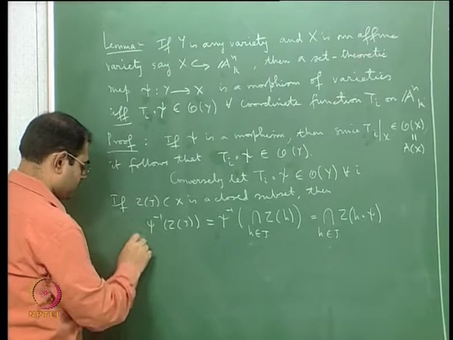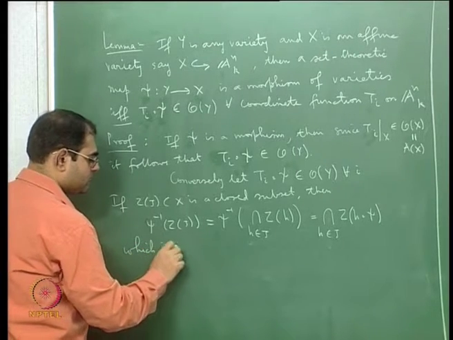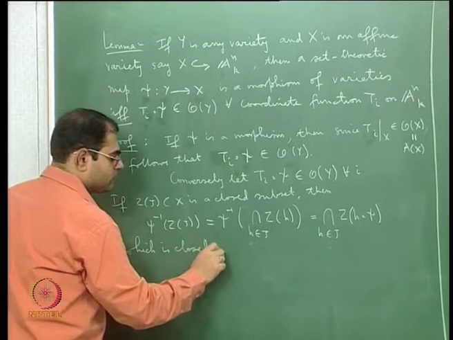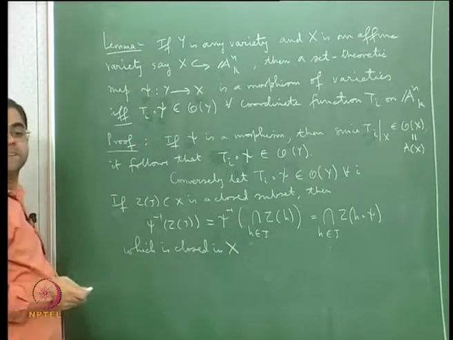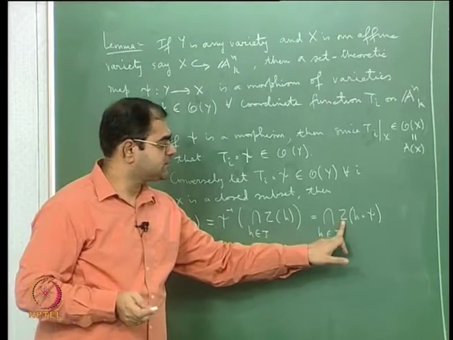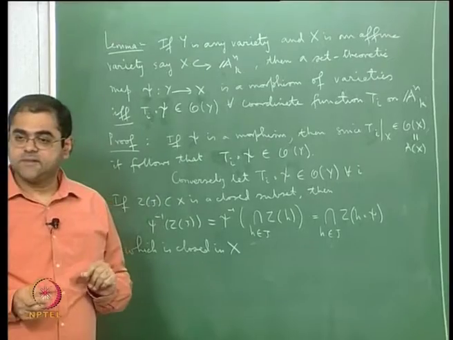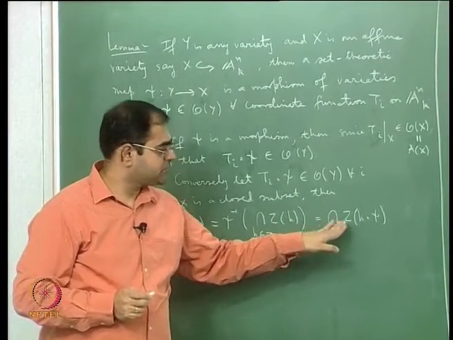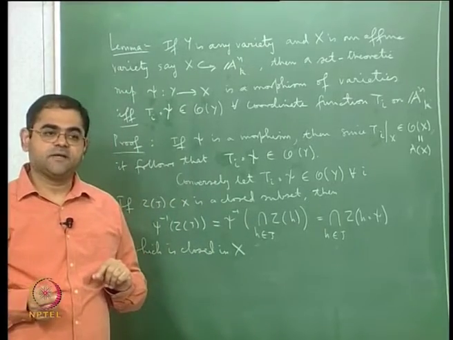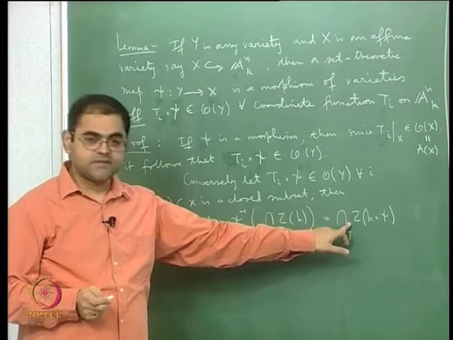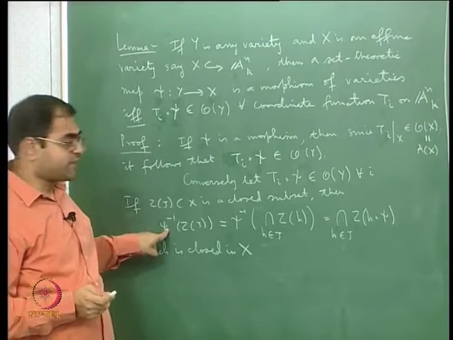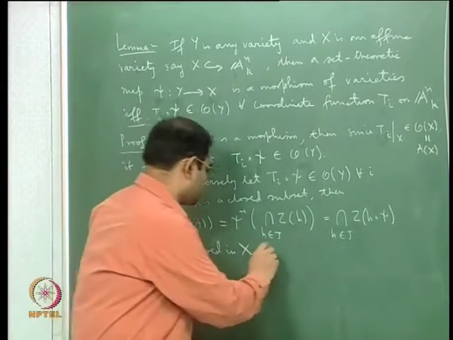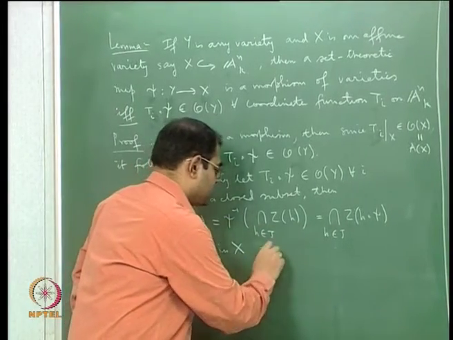The zero set of a single regular function is a closed subset, and an arbitrary intersection of closed sets is again a closed subset. Therefore this is a closed set. So what I have proved is that the inverse image under psi of a closed set is a closed set. So this implies that psi is continuous.